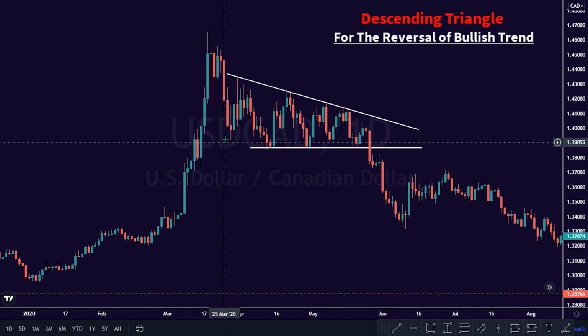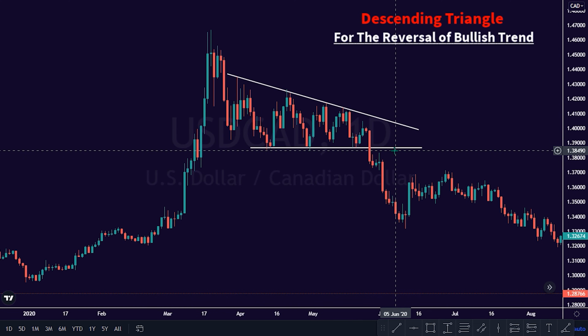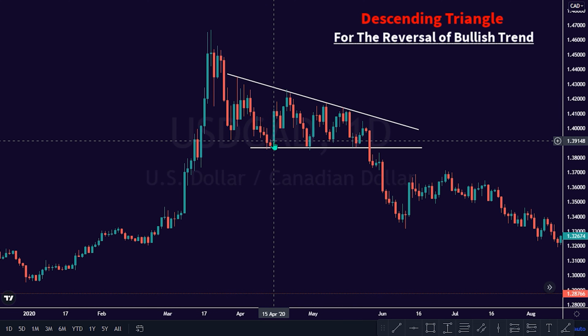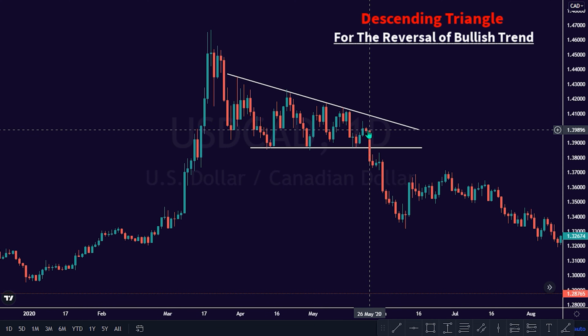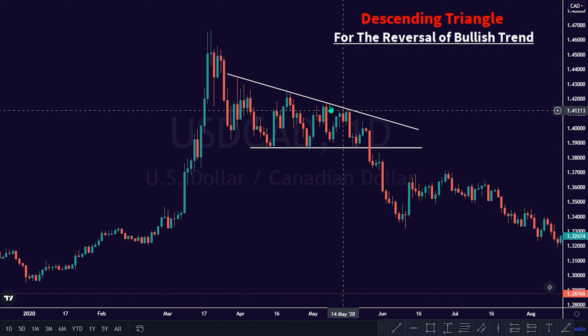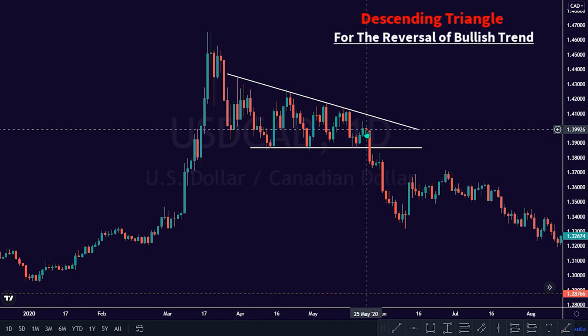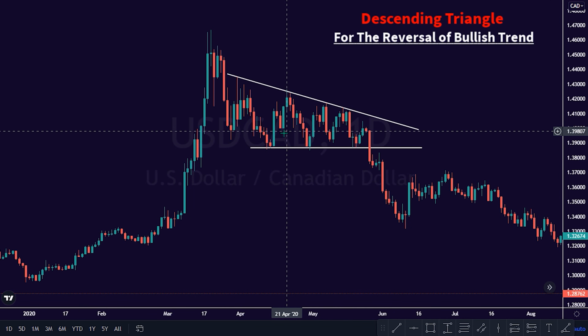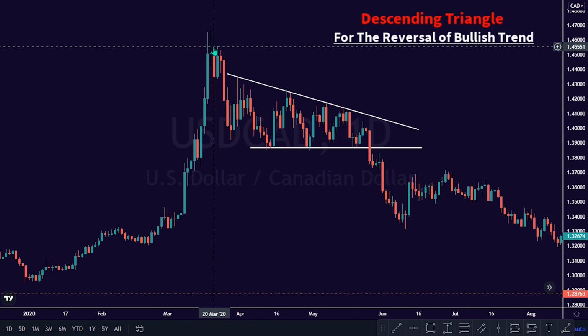Before ever planning to implement the descending triangle to trade reversal patterns, make sure you analyze the strength of the bullish momentum in such a market. As we can see on this price chart, there was a weakness in the bullish momentum. The bulls were unable to pull up price as they did in the prior strong bullish candlesticks on this price chart.